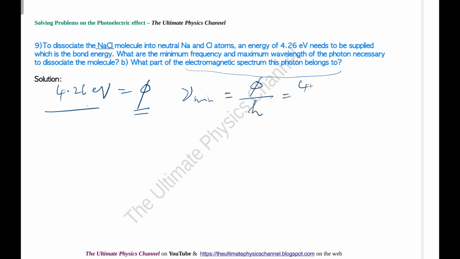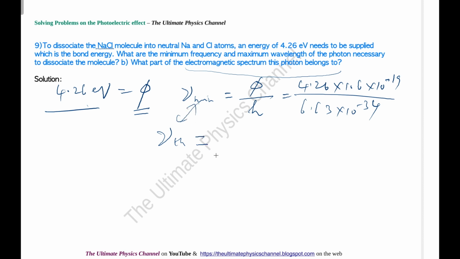The work function is 4.26 times 1.6 into 10 power minus 19. For Planck's constant, 6.6 into 10 power minus 34. If you do the numbers here, you get nu threshold or nu minimum, both are same, that would be equal to 1.03 times 10 power 15 hertz.